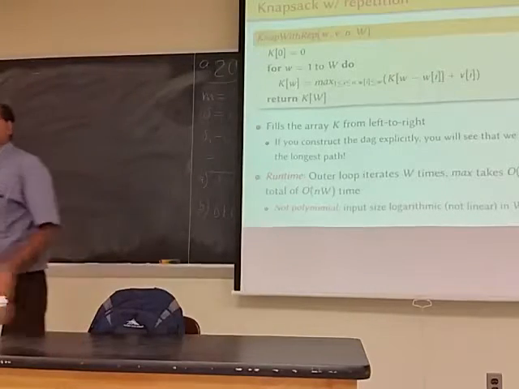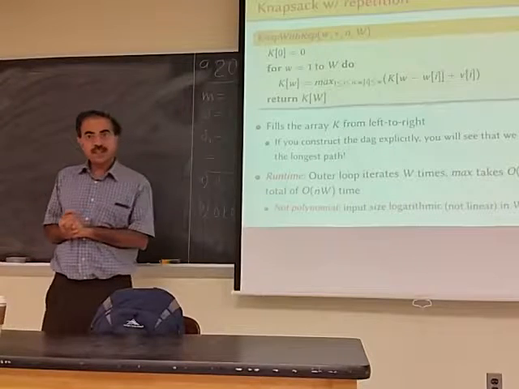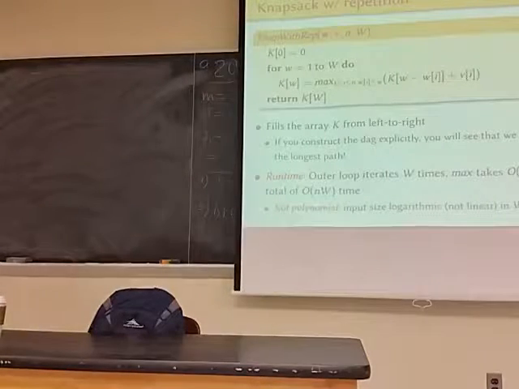Because if you have a Hamiltonian path in your graph, that would be the longest path, and therefore, since we know that the Hamiltonian path problem is NP-complete, the longest path problem should be very difficult to solve.